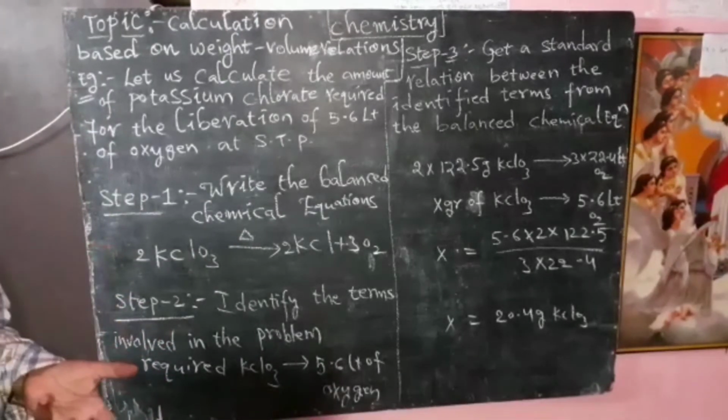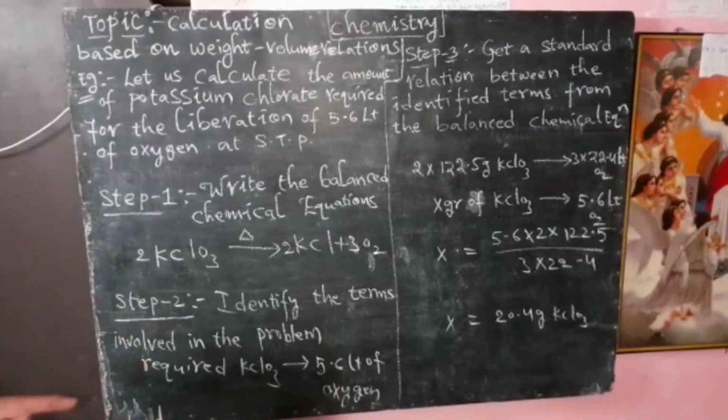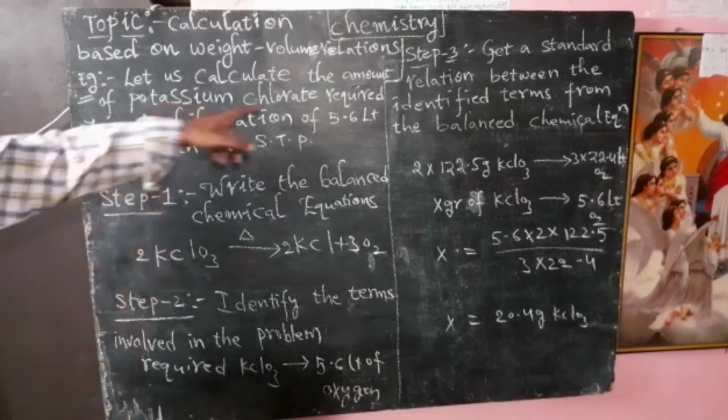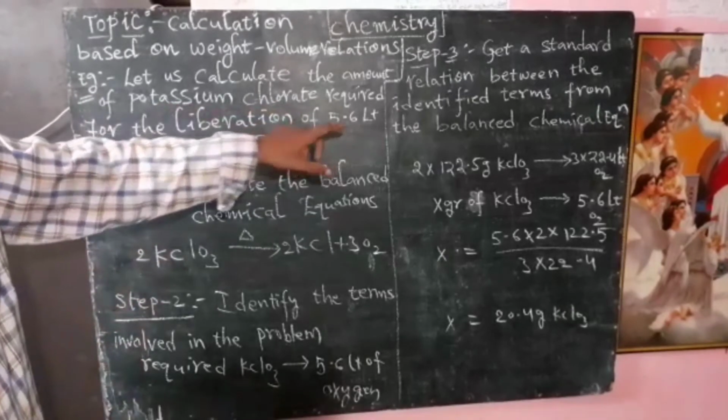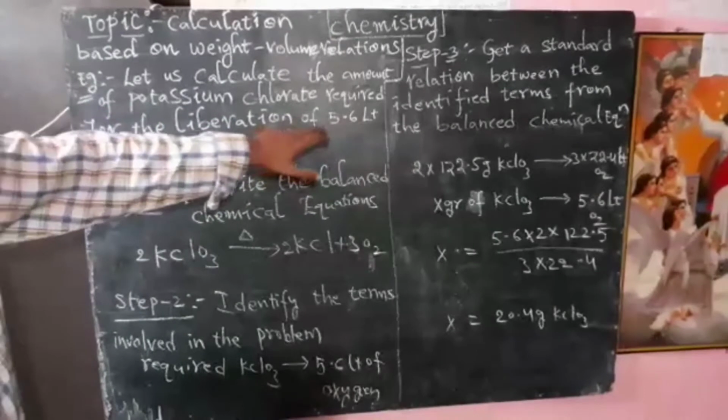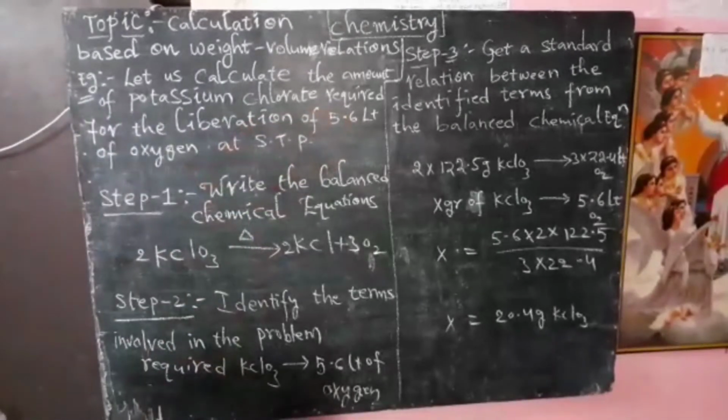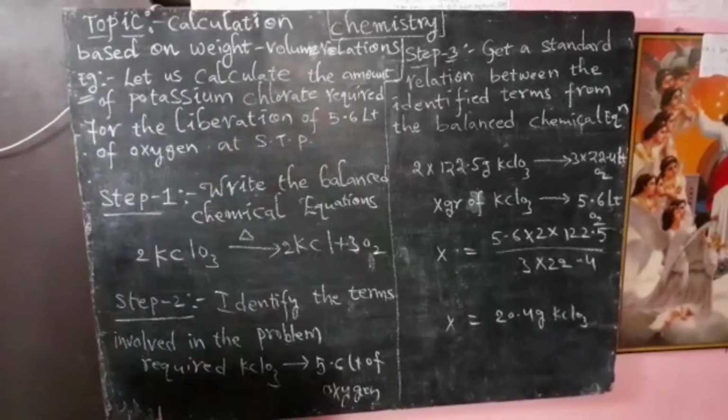The required amount in grams we have to calculate: on decomposition of potassium chlorate, how much is required to produce 5.6 liters of oxygen at STP. That is step 2.